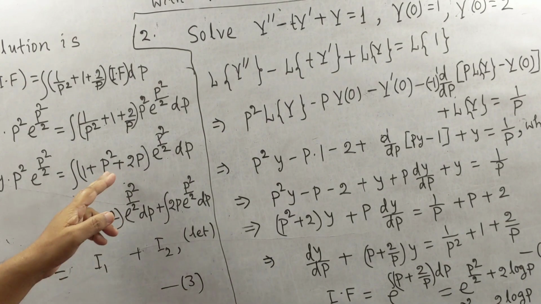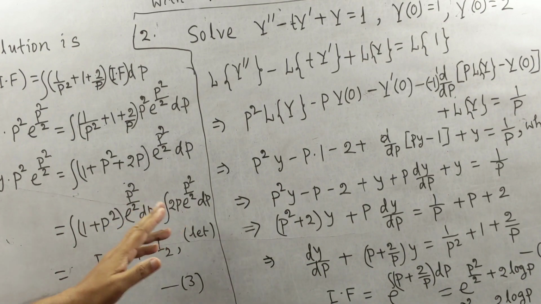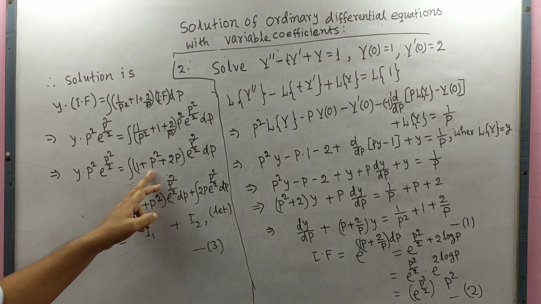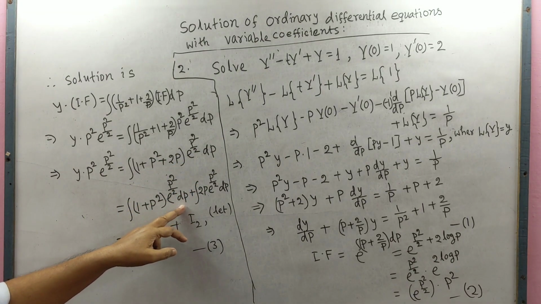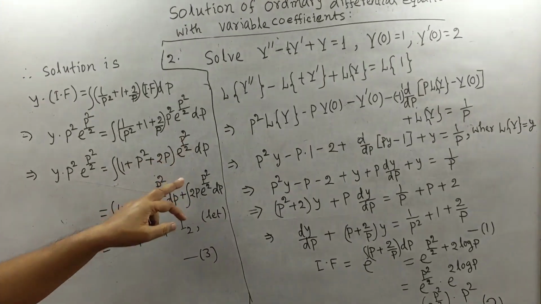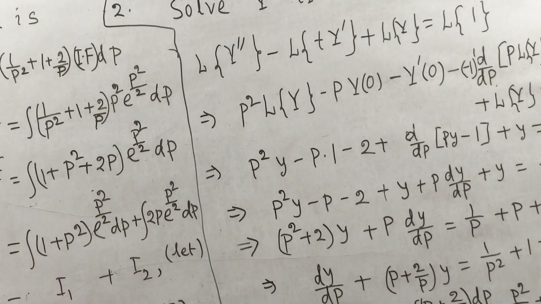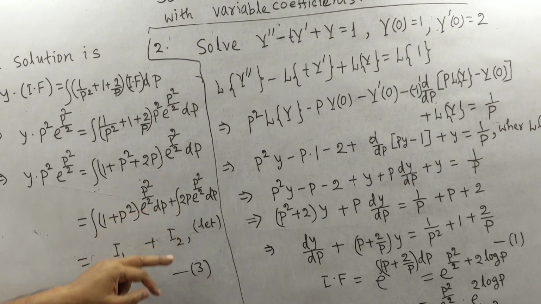We separate the integration: integration of (1 plus p²) e to the power p²/2 dp, and integration of 2p e to the power p²/2 dp. Let the first integration be I1 and the second integration be I2. This is number 3.